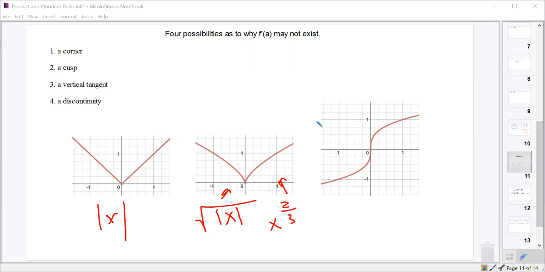All right, and this last graph here, anybody know what that's the graph of? Anybody know what that one's the graph of?